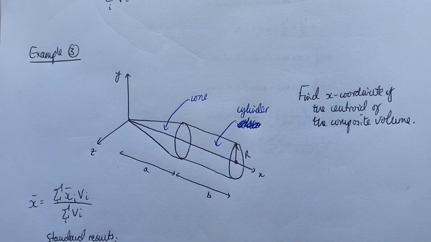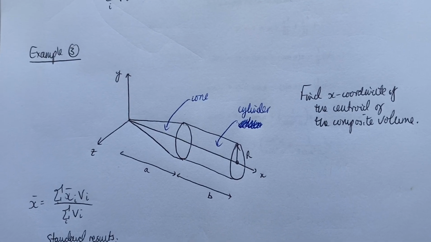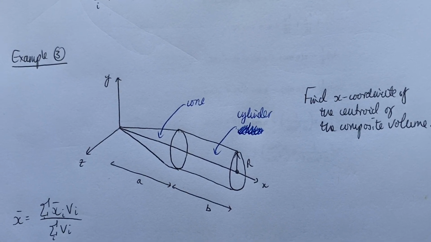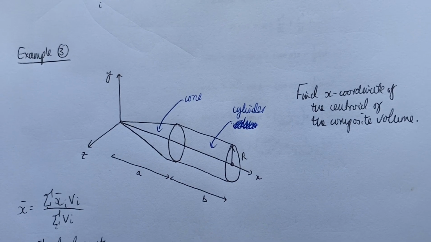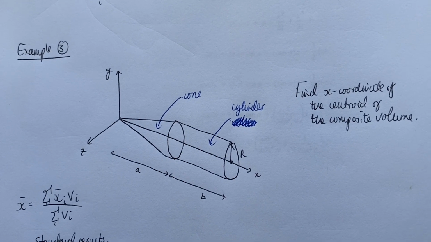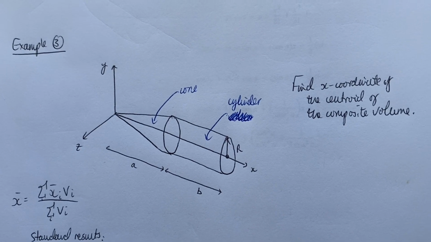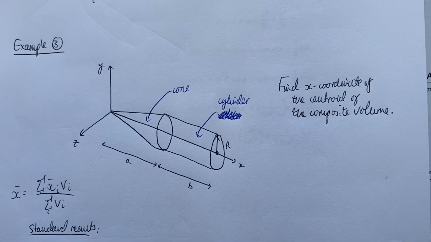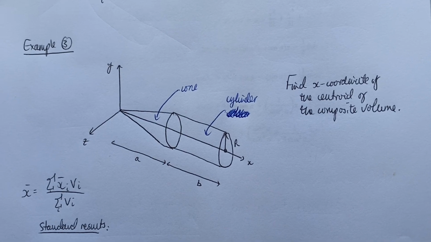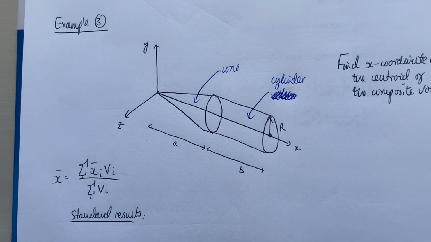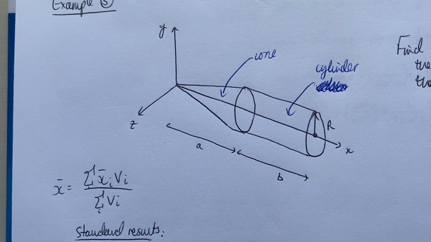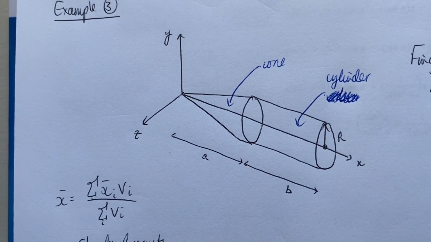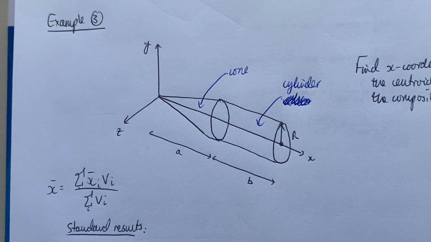They both have radius capital R. The cone has length A and the cylinder has length B. I'm keeping it quite generic just to show you how the algebra works. But the question here is to find the centroid of the composite volume, so the cone and the cylinder stuck together. So we know we're going to have to use this formula down here as we've just discussed, where we find the individual coordinates of the centroid and then average it over the volume.